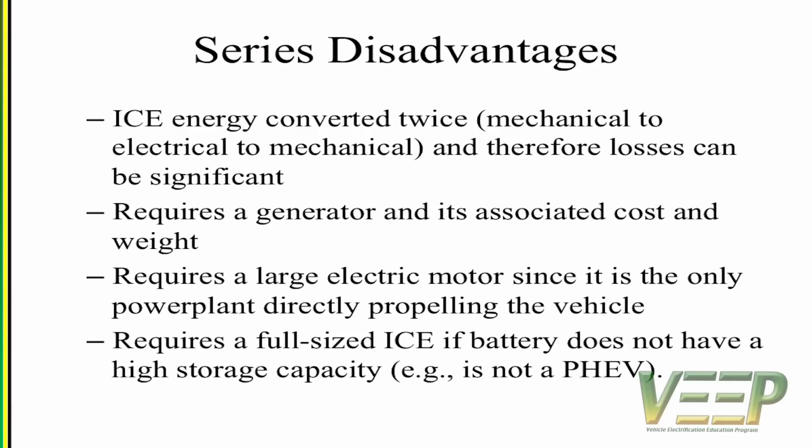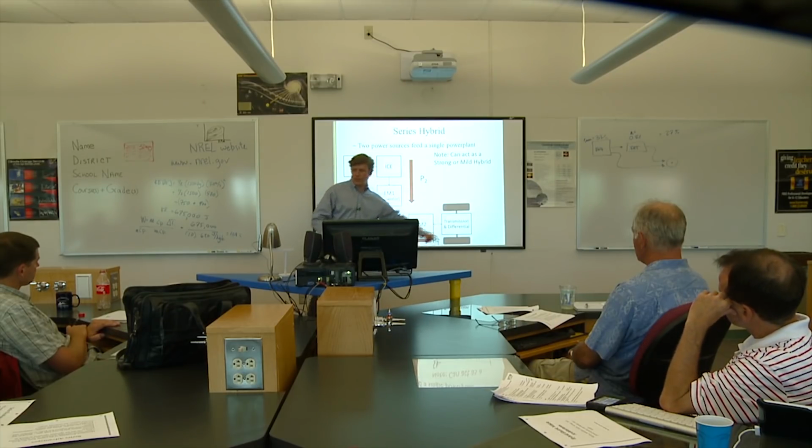The disadvantages here are that there's a lot of losses internal to the series powertrain. If you think about the pathway between fuel energy and the wheels in a conventional car, there might be one conversion, and that conversion might happen at 30% efficiency or something like that, right? That's a high efficiency engine. In this case, in order for fuel energy to get to the wheels, it has to pass through all of these intermediate steps.